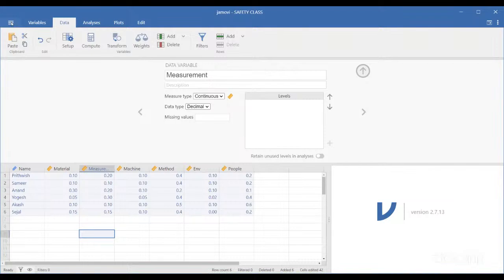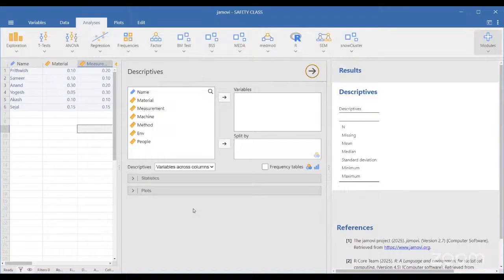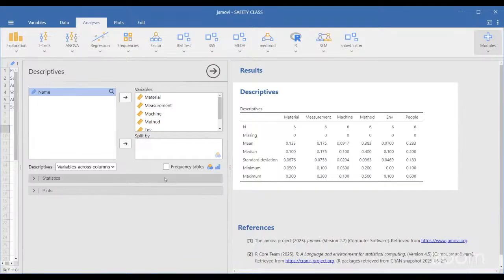Okay, now you go to exploration, descriptives, and select from material to people. Then you click the statistics, not the frequency.